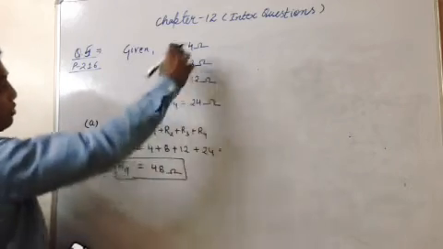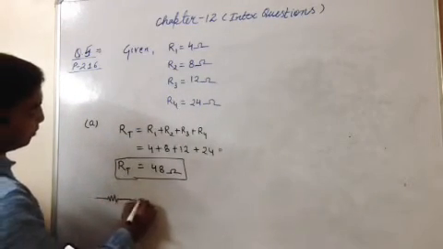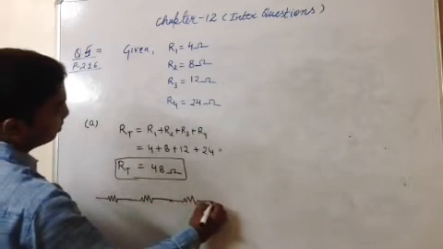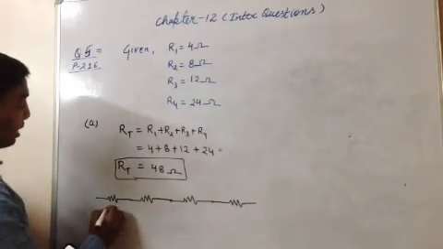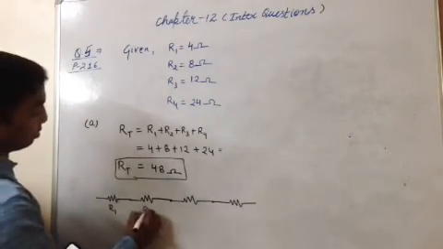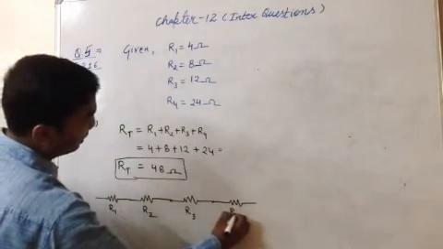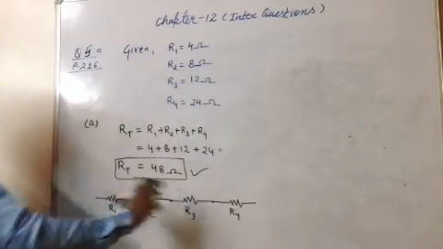That means when you connect all these coils in series, R1, R2, R3 and R4, this combination will provide the maximum resistance, that is 48 ohm, and this is the series combination.